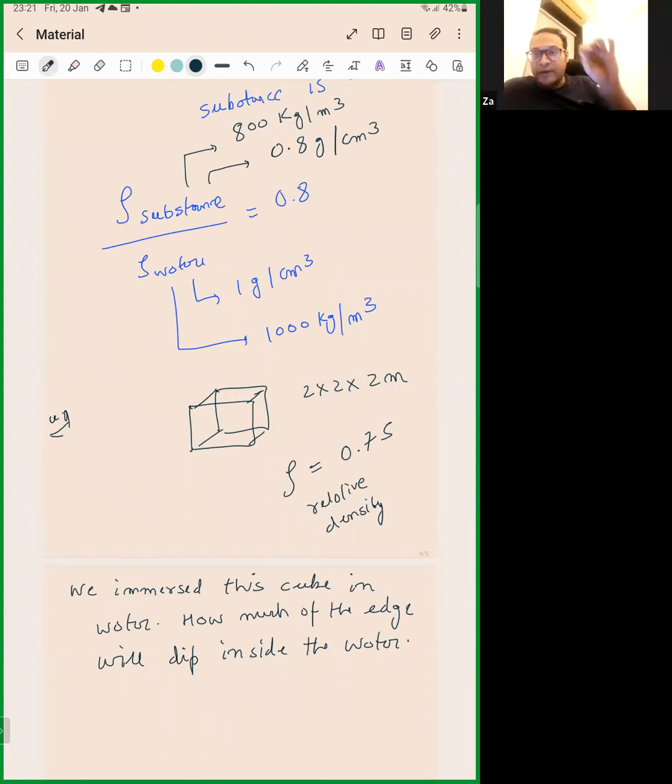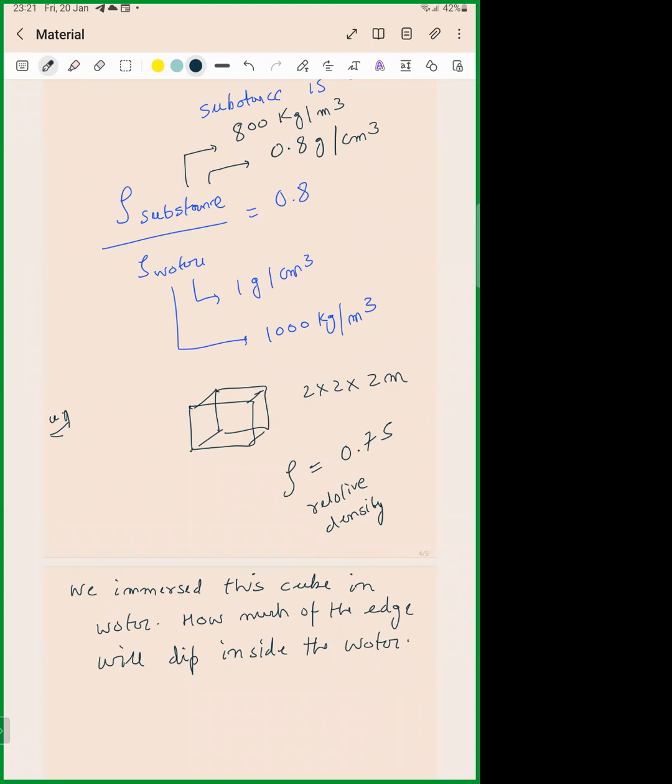And do it in a format so that you can send the solution on Telegram or WhatsApp right now. So this is 1,000. Should I take G as 9.81 or 9.8?